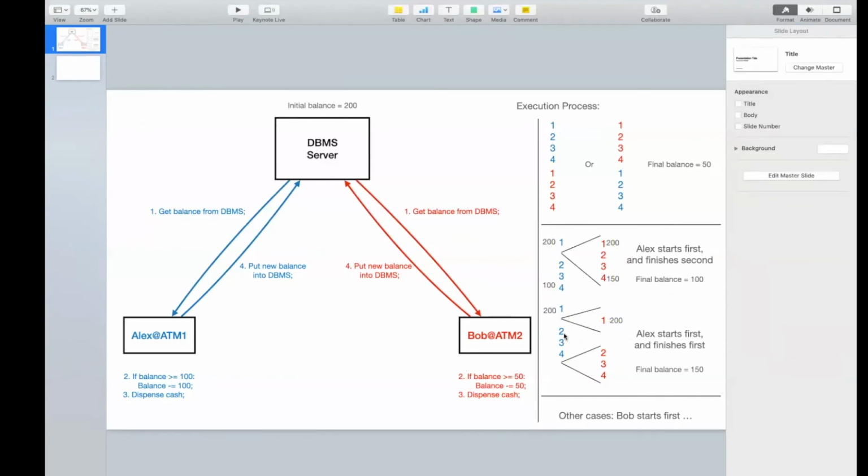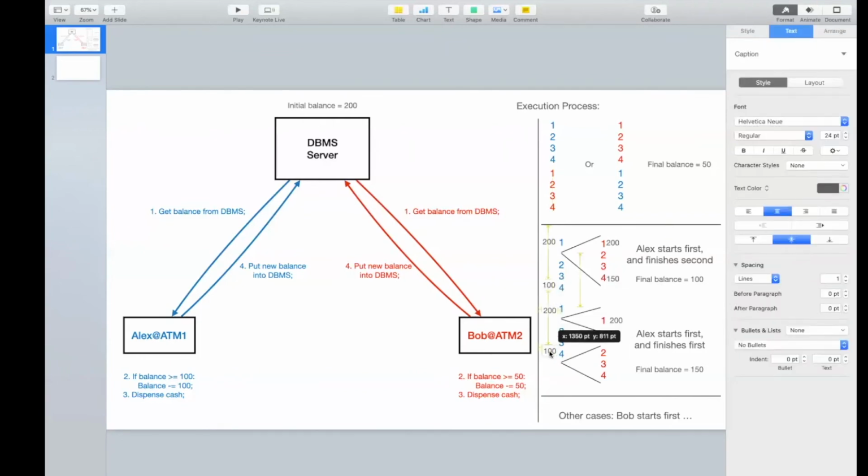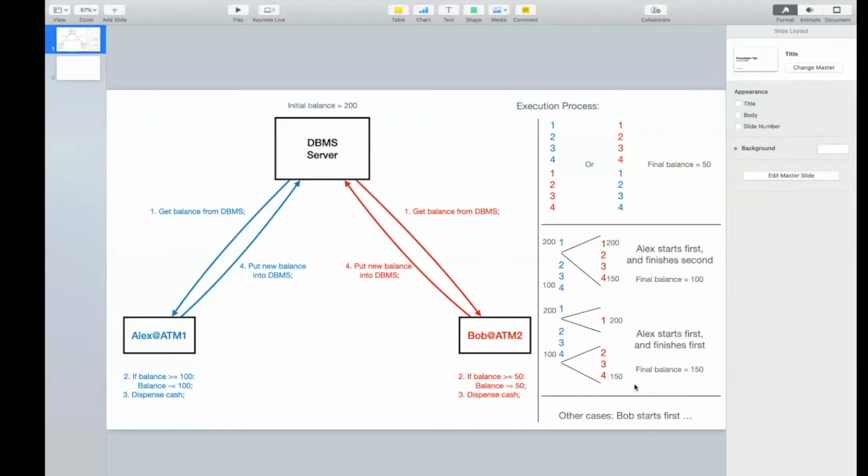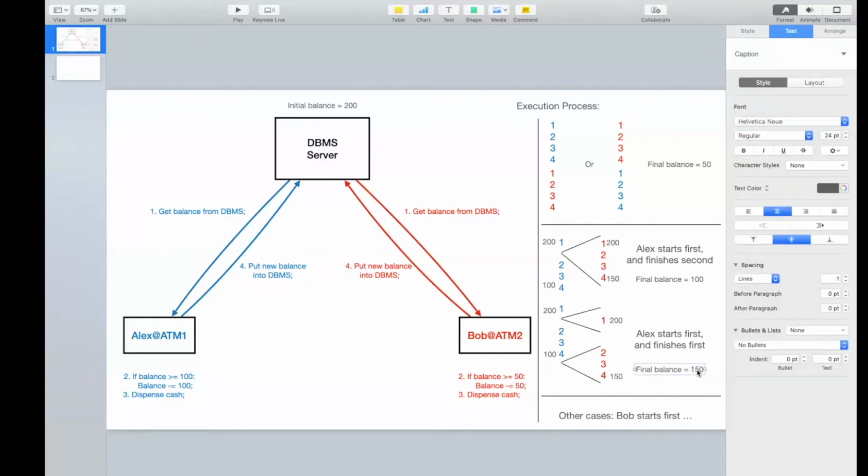And then Alex does the remaining transaction. He writes $100 back into the system as the balance, right? And then Bob does his transaction. He writes the balance back to the system. The balance is $150. He overwrites Alex's balance. After execution this way, the final balance will be $150. You can follow me, right?